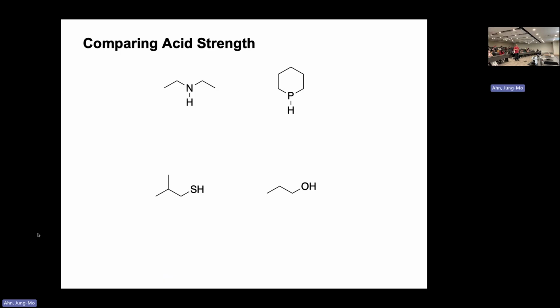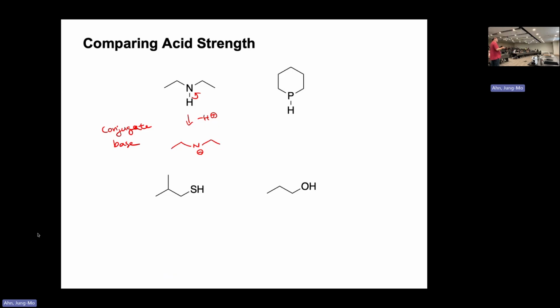Let's talk about these two molecules. Which one is going to be more acidic? Well, we explained the acidity by talking about the stability of the conjugate bases. The conjugate base of this molecule, after losing a proton, has a negatively charged nitrogen.